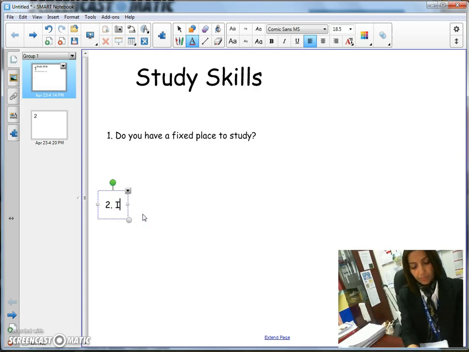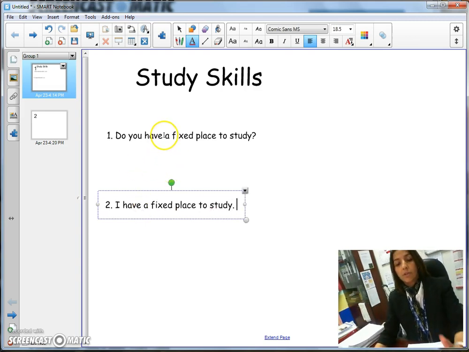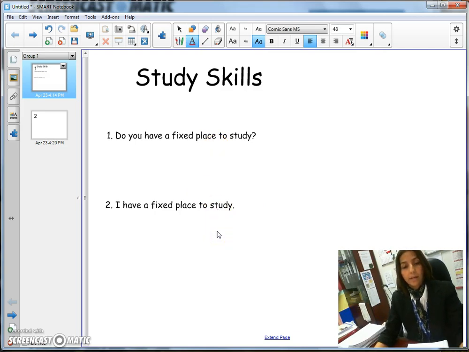What difference do you notice in the first and the second item? Can you guess? Maybe you did guess. Yes.